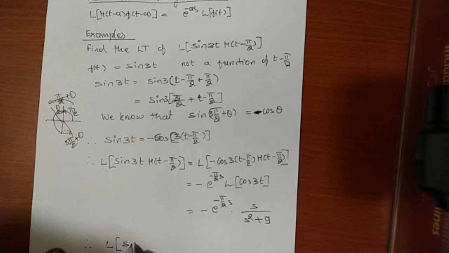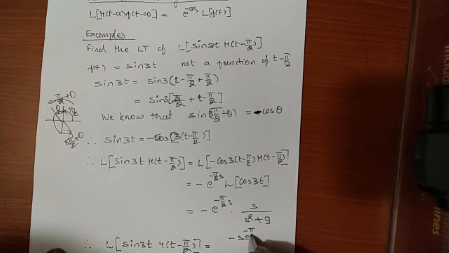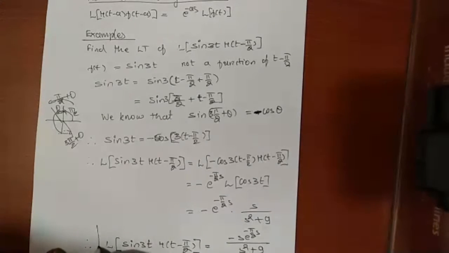Therefore, L of sine 3t into h of t minus pi by 2 will be minus s times e power minus pi by 2 times s divided by s squared plus 9. So this is my final answer.